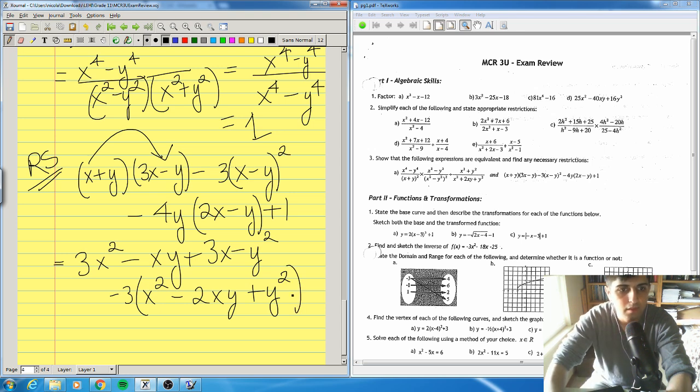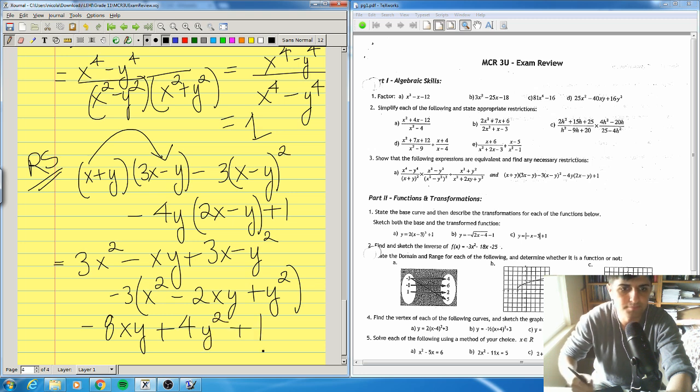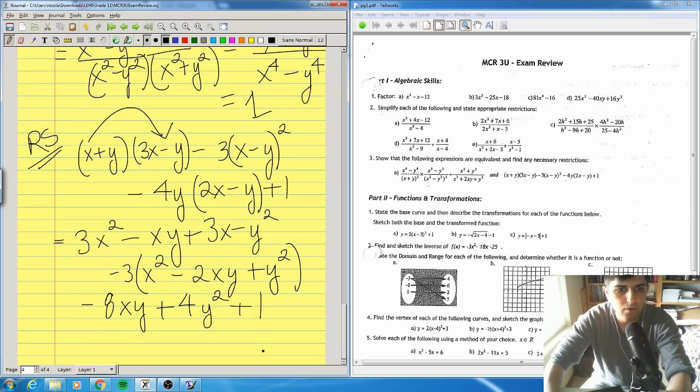Okay. And here I get minus 4. Oops. Nope. I get, if I factor in the negative 4y, I get negative 8xy plus 4y squared plus 1. Okay. So how does it cancel out? Well, look, if I expand negative 3 inside, I get negative 3x squared there, right? So this 3x squared cancels with that thing.